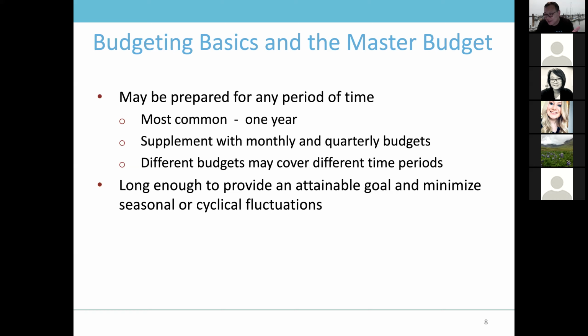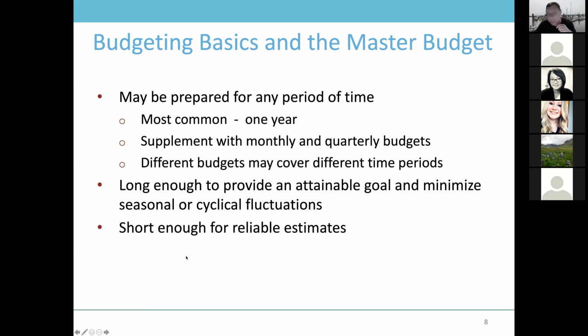So hopefully your budget is long enough to cover the whole business cycle, not just the busy season but also the slow season. In that case, your goal is realistic, attainable, and meaningful. Otherwise, I reach my goal in my busy season, but what about the slow season?